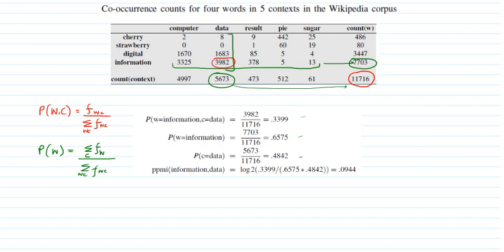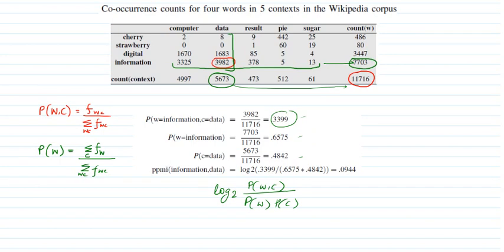So now this PPMI, positive pointwise mutual information of information with respect to data is log 2 of P of W comma C, that is this value, divided by P of W times P of C. So P of W is 0.6575 and P of C is 0.4842.